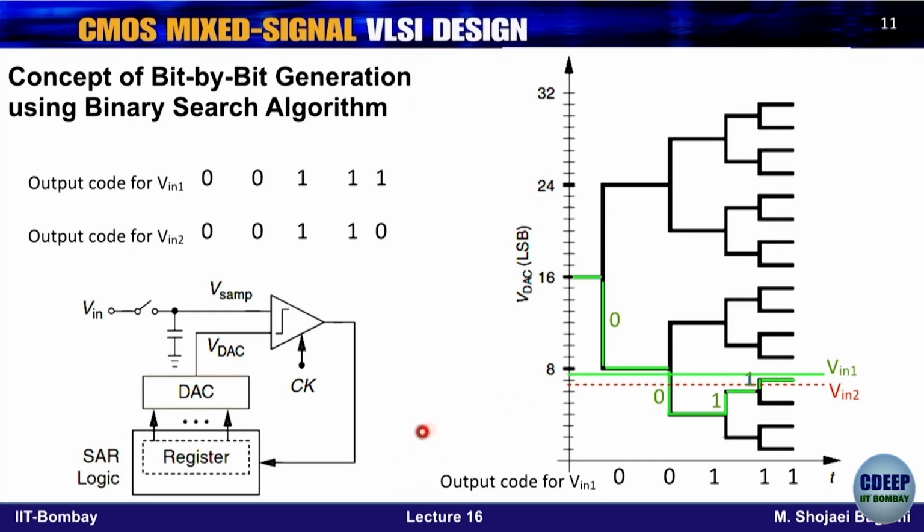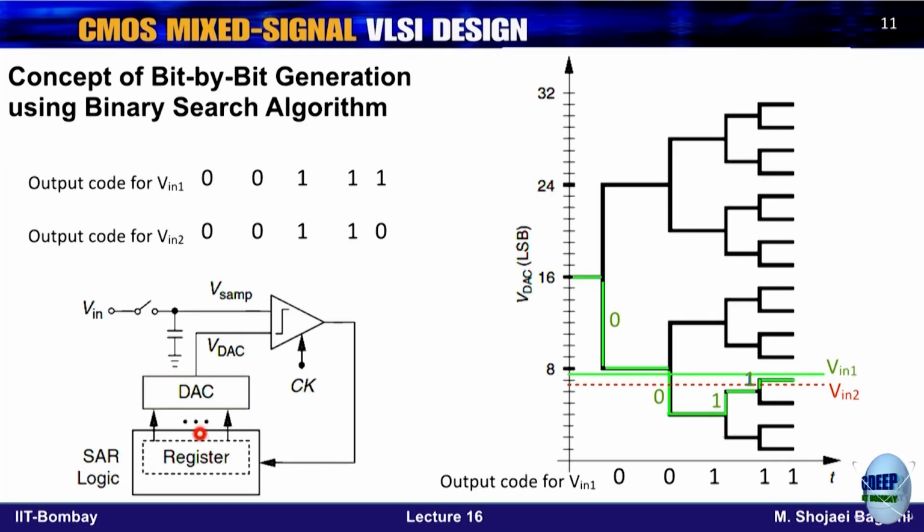So if this is for 5 bits, it will be good to have a DAC with 6-bit resolution, which will give us the right operation. Otherwise, if the output of the DAC has a 4-bit resolution, this will not give you 5-bit resolution. The comparator also should be able to resolve with a resolution better than half LSB. So these are the requirements on the comparator. That's why it is very important to also consider the noise of the comparator here, specifically when the number of bits is increasing.